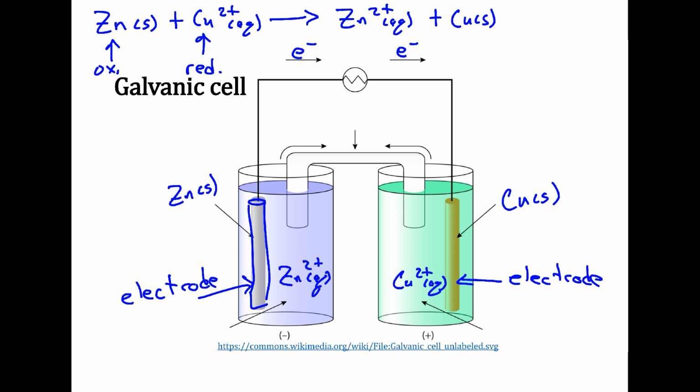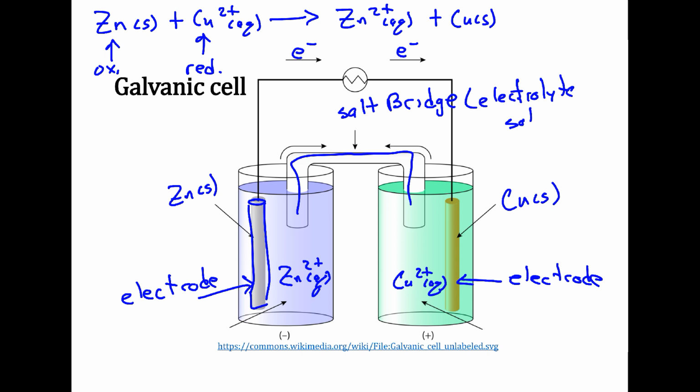And then to complete the circuit, we use this U-looking tube here, which is called a salt bridge. A salt bridge is just an electrolyte solution, so something that will dissociate into cations and anions. A good general salt bridge that we'll use is sodium nitrate.